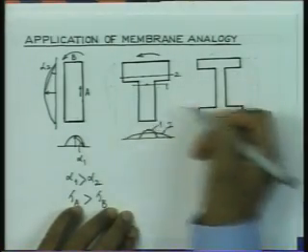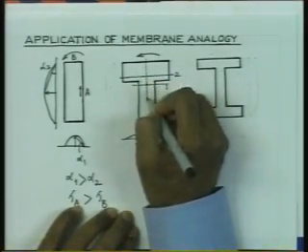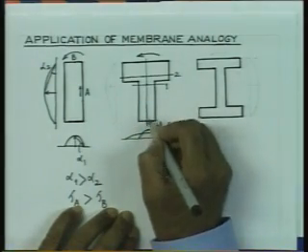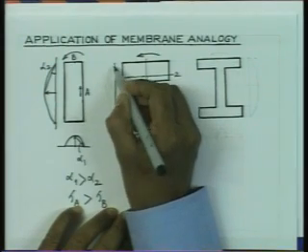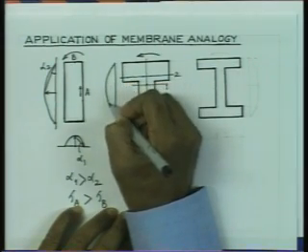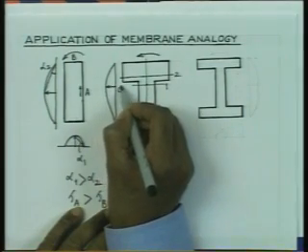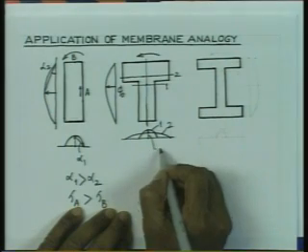Similarly, if you look in this direction, if you take an intersection of the membrane surface with the vertical plane passing through this line, it may look like this. So, you have the maximum deflection here, this is phi 0, and here it is again phi 0.